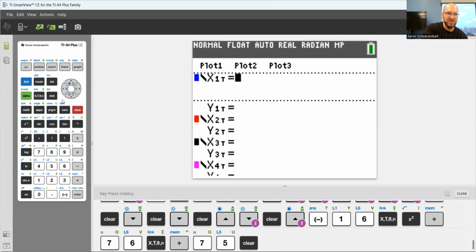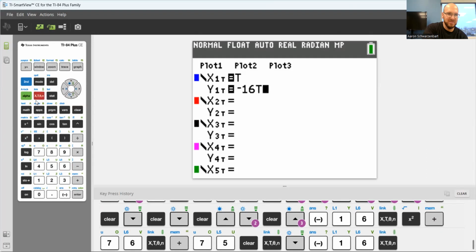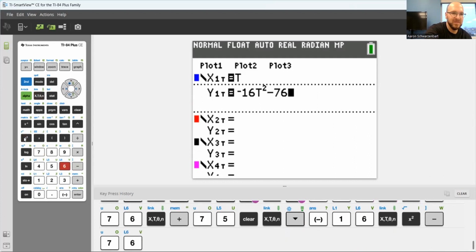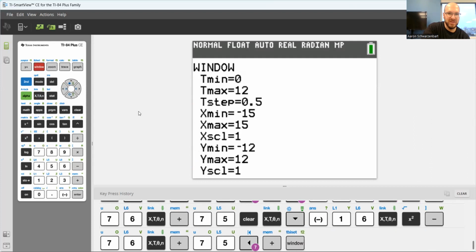I did that backwards. This is supposed to be t. Y is negative 16 t squared. That should have been plus 76. Yeah. And I'm sure I'm going to have to change my window. It's probably going to land in less than 12 seconds.